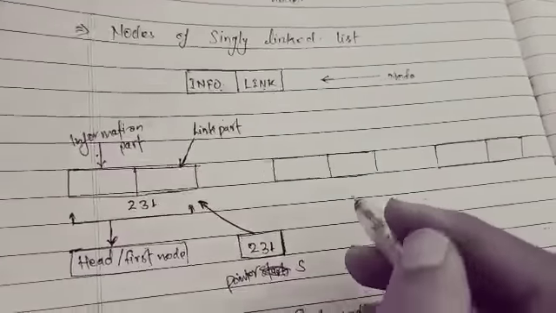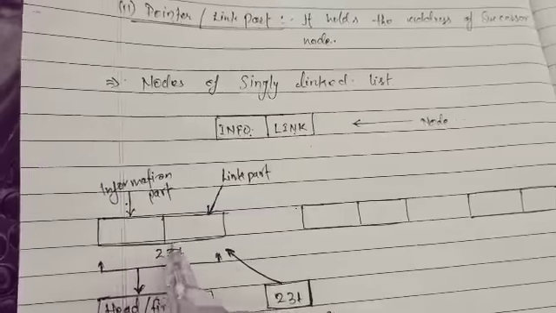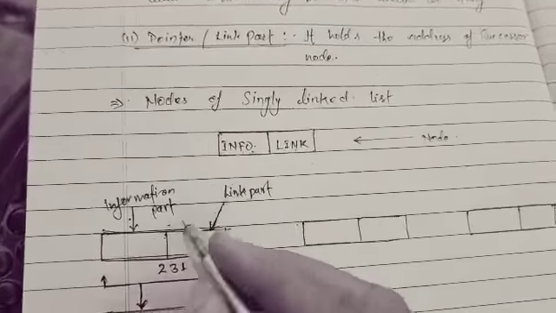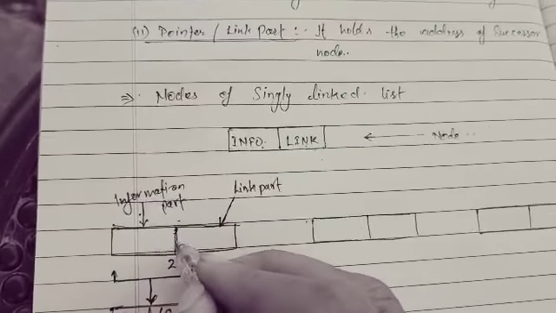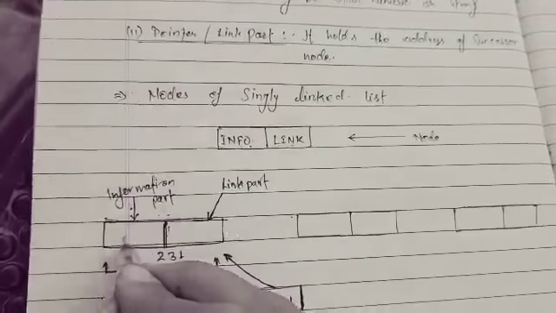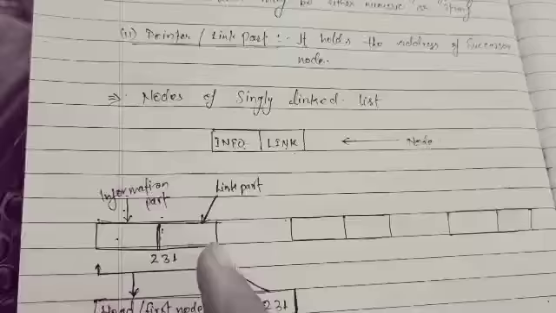First, we assume this is a node of a singly linked list, which is divided into two parts. Here it is the information part, and here it is the link part.